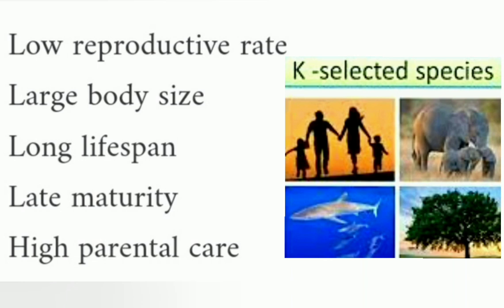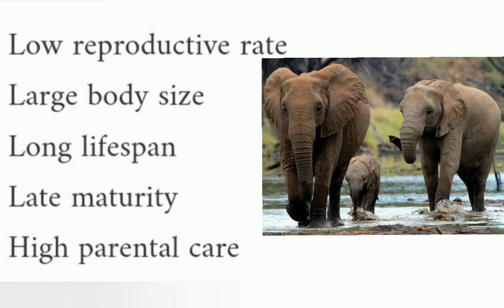Now let's analyze their specific characteristics. They have low reproductive rate, large body size, long lifespan, late maturity, high parental care. See, you can match all these characteristics with humans.